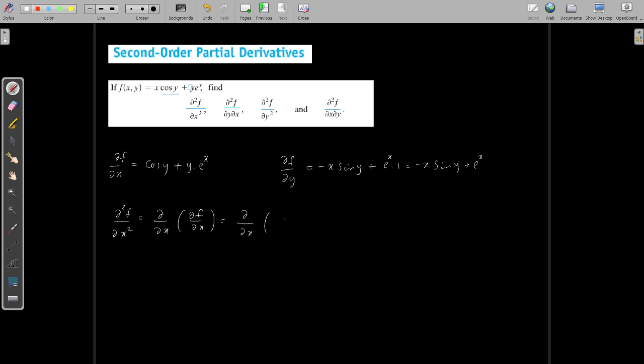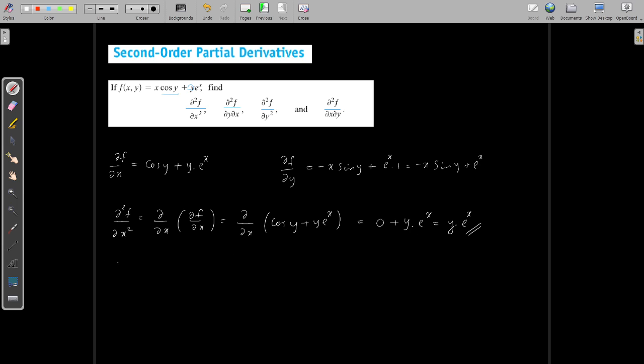It is cos y plus y e raised to x. That means we need to differentiate this function with respect to x again. So that will give 0, since the derivative of cos y with respect to x is 0, plus y times e raised to x again. So that is equal to y times e raised to x.